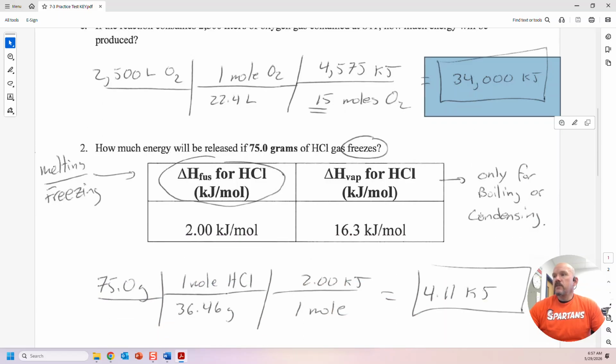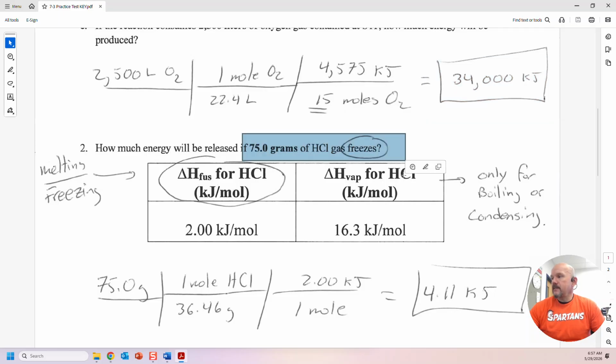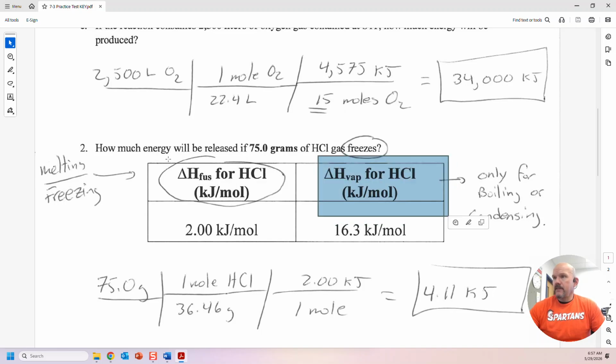All right, so this one, we want to know how much energy is going to be released as HCl freezes. First off, in this question they give us 2 values for HCl. They give us the heat of vaporization for HCl, and they give us the heat of fusion.